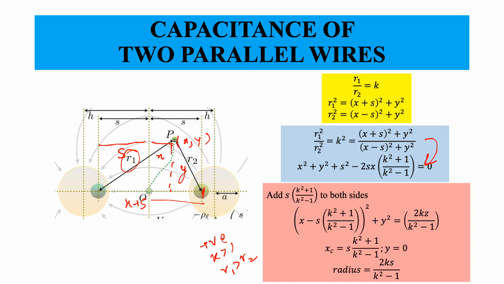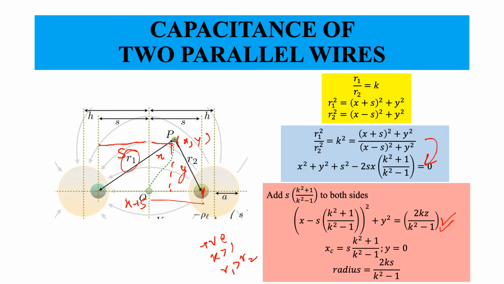If I take this quantity, I can simplify this equation. So if I add to both sides, I will get this equation. You can show that this is valid, and I will leave this as an exercise to you.